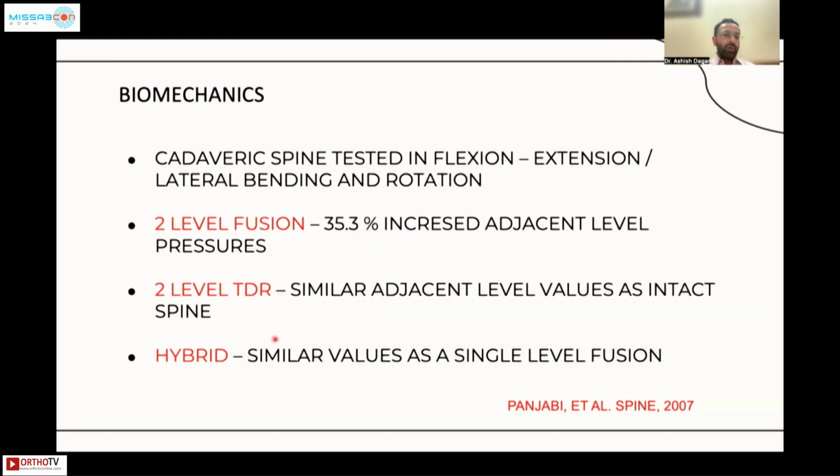While with two levels of total disc replacement, the adjacent segment pressure changes were comparable to an intact spine. In cases of a hybrid, in which they did one level fusion and an adjacent level total disc replacement, the values were comparable to the single level fusion.